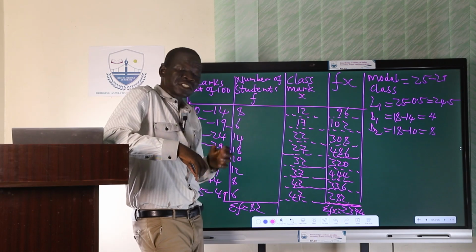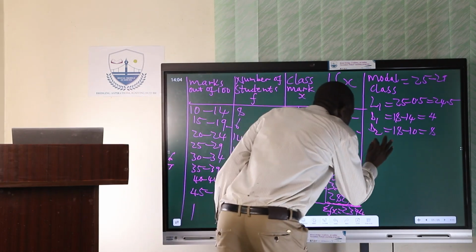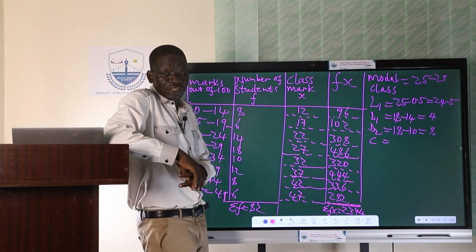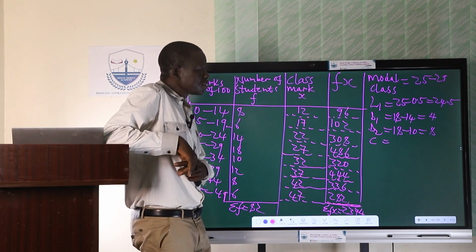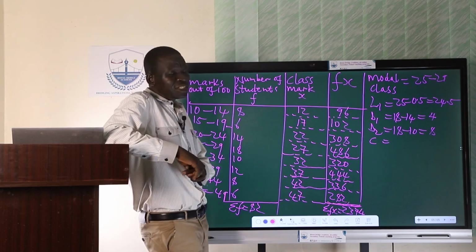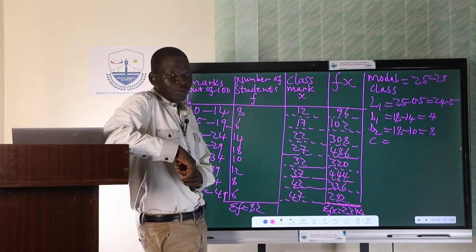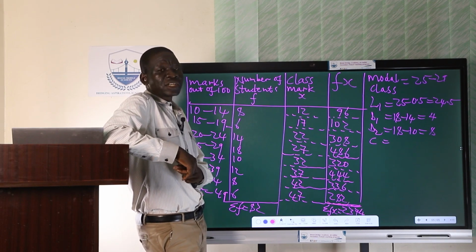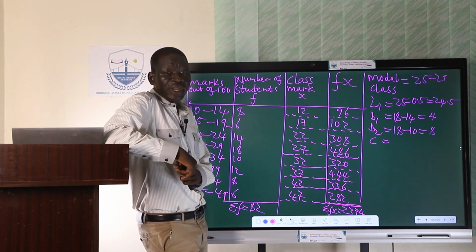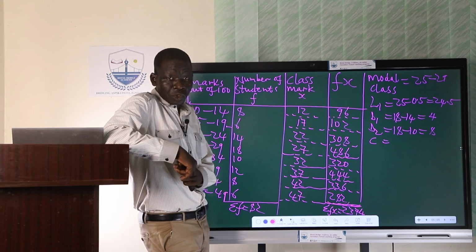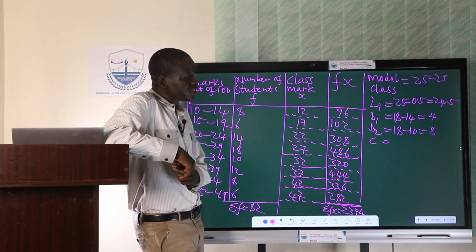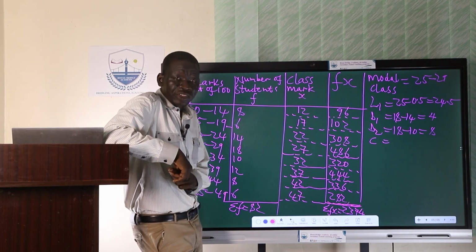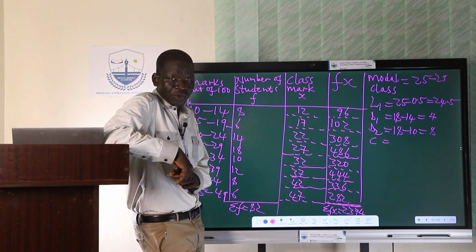After getting D2, we need to get C, where C stands for the class interval of the modal class. Class interval is obtained by the upper class limit minus the lower class limit plus 1. Or you can obtain it from the upper class boundary minus the lower class boundary only.